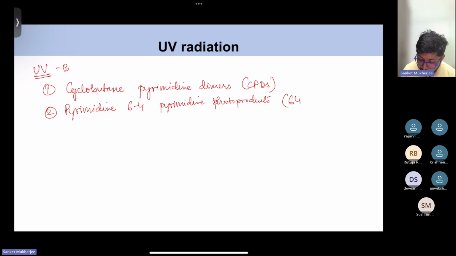These are also called 6,4-PP, and they can further form Dewar isomers. These are some damages which can happen due to UVB radiation in specific.